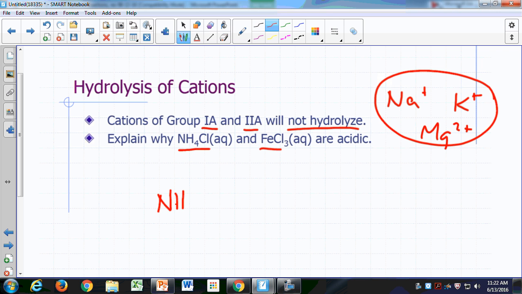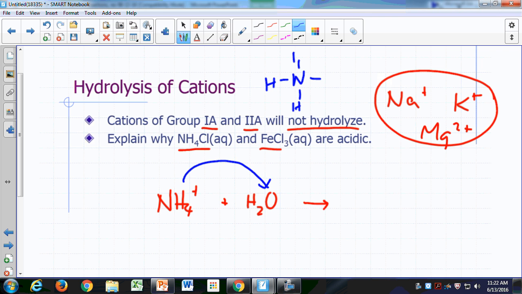Ammonium, NH4+, can actually react with water molecules, and what happens is an H+ can hop over from an ammonium ion. Remember, ammonium is surrounded by 4 hydrogens. You can get that from an ammonia with an H+ attached to it, right? So that's the ammonium ion.